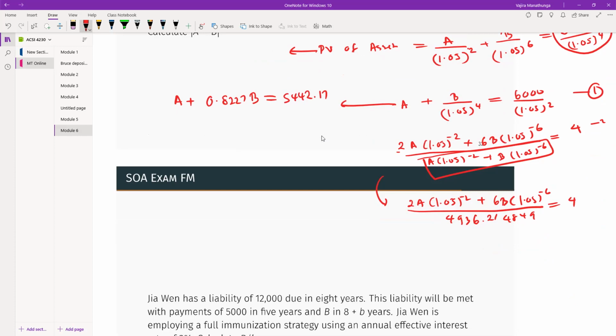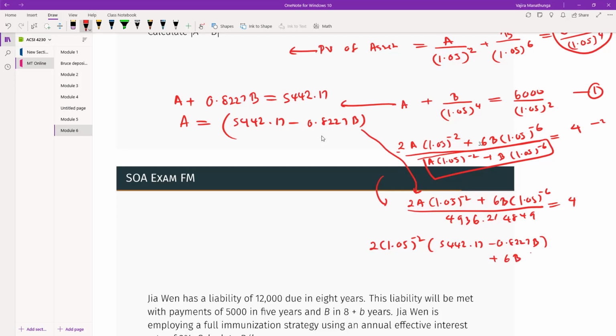So now you can substitute for A or B using one of these equations. Let's substitute for A. So A is 5442.17 minus 0.8227B. Now I'm going to substitute that in here. Then you can cross multiply, this one is equal to 4 times.